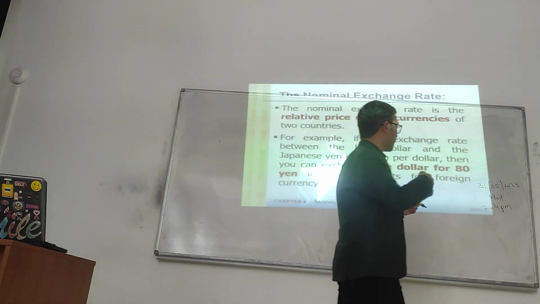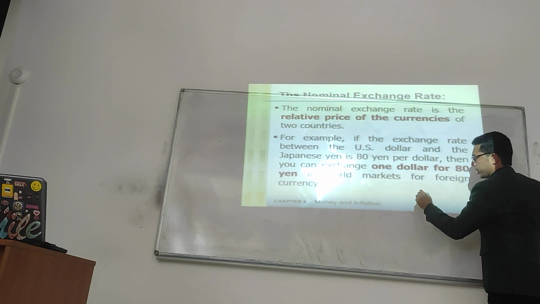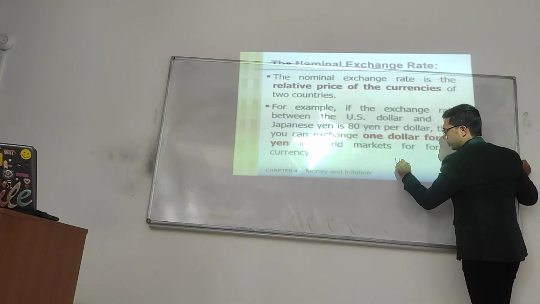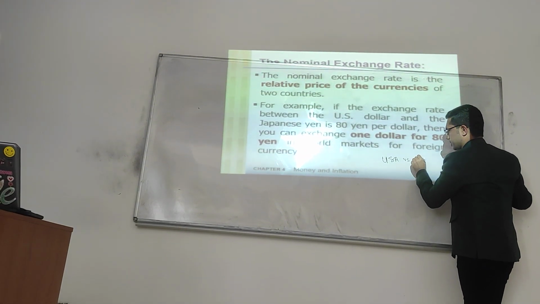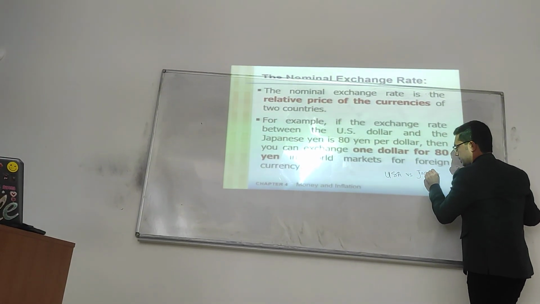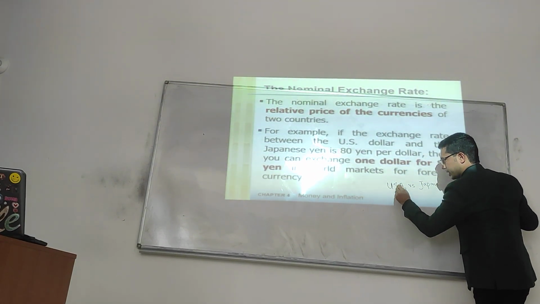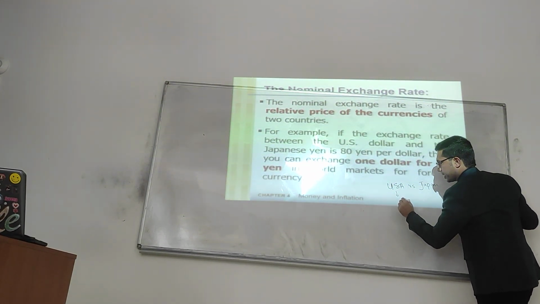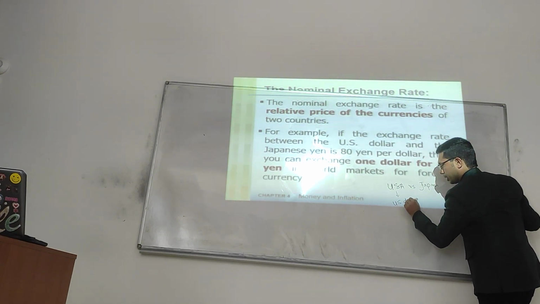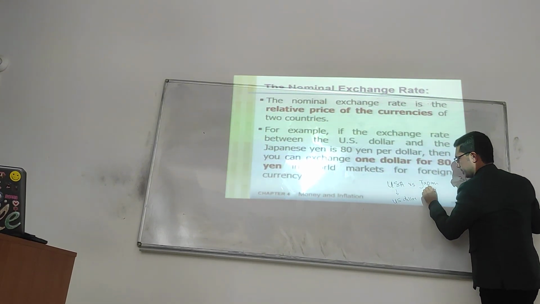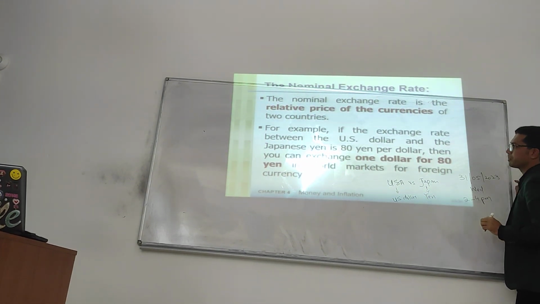Suppose we have two countries, USA versus Japan. The national currency of the United States of America is the dollar, so US dollar and yen, or Japanese yen.